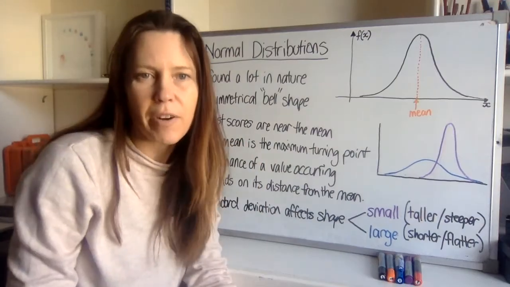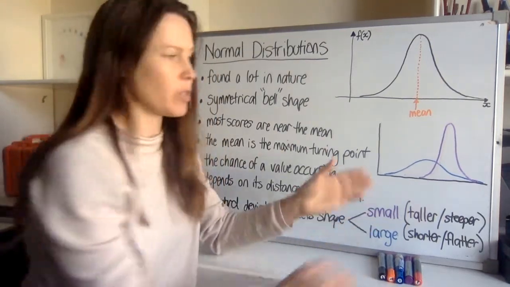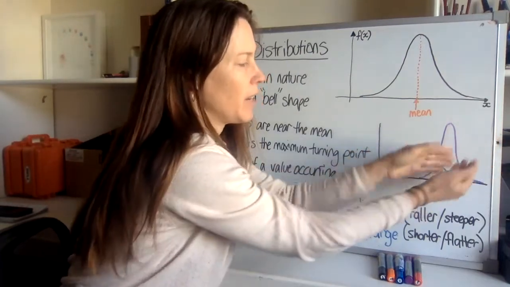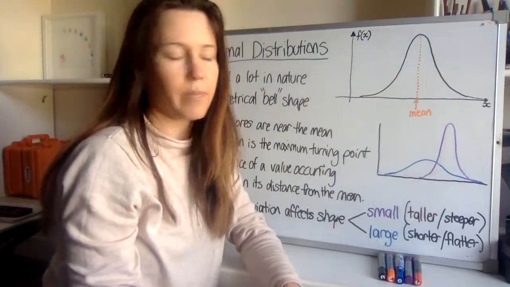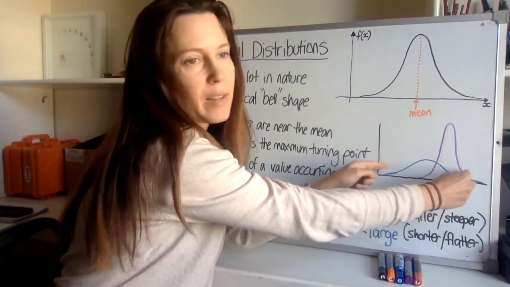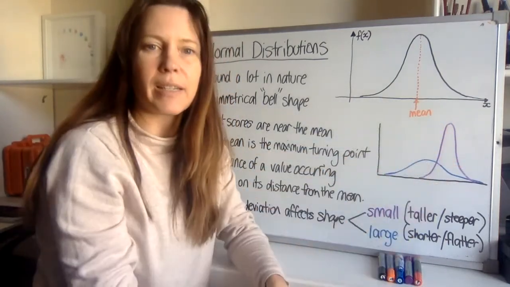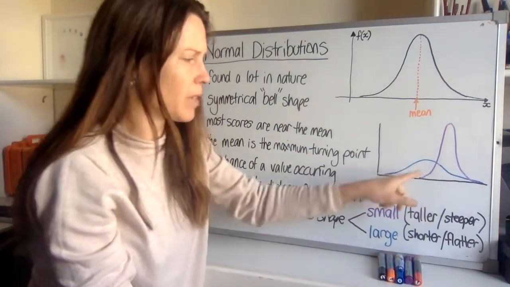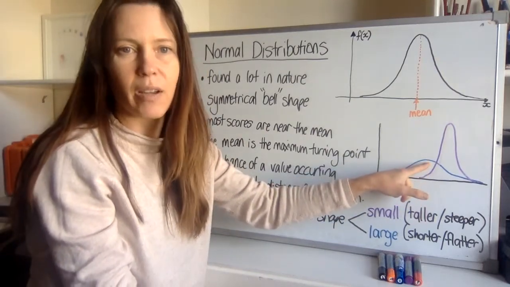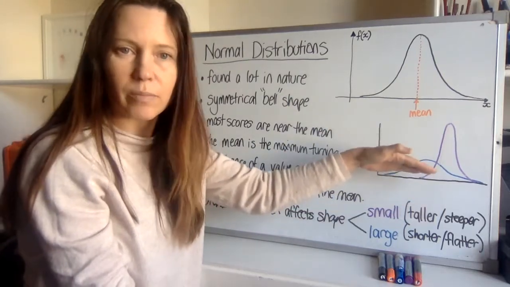If the area under the curve is going to be 1, then if we've got a lot of the scores really close to the mean, that's going to push the curve and make it taller. And if the scores are further away from the mean, it will stretch the curve out, but since there's only a certain amount of area to play with, it will also squash it down. That makes sense because if there are fewer scores close to the mean, then obviously the relative frequency of finding a score of that size is lower.